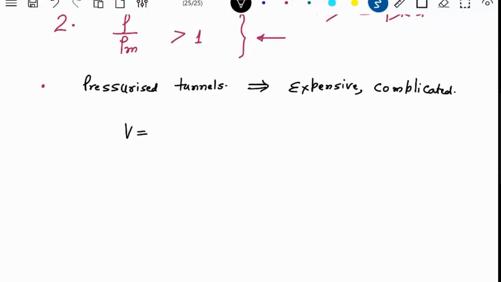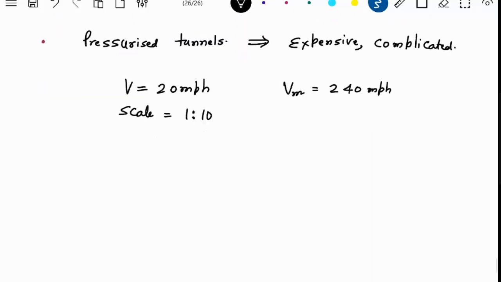So what are the things that are given in this case? Velocity is given, that is 240 miles per hour. A scale is given, that is 1:10 ratio, and this is the length scale. Air speed in the wind tunnel is given, that is 240 miles per hour. What you have to find? Air pressure in the tunnel.